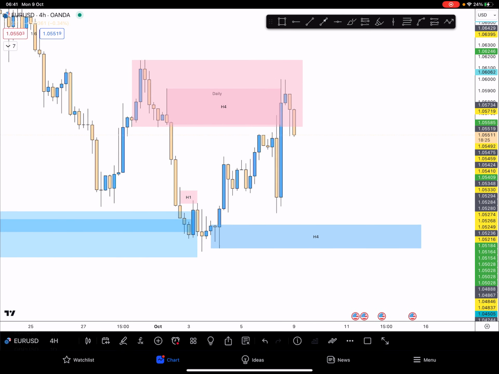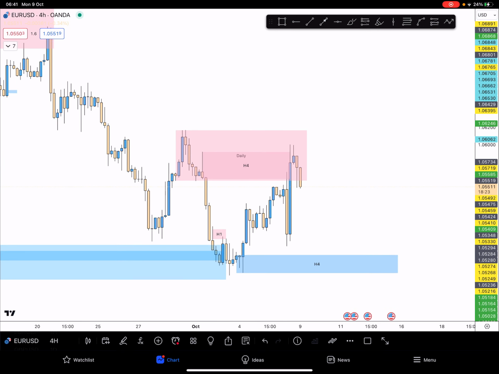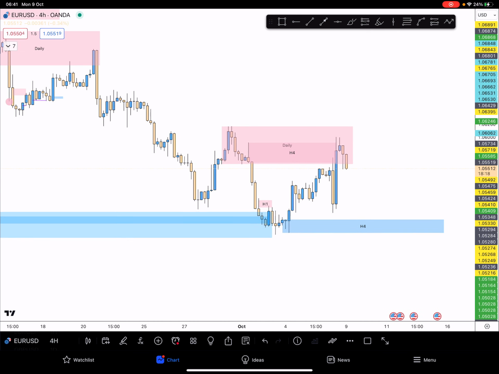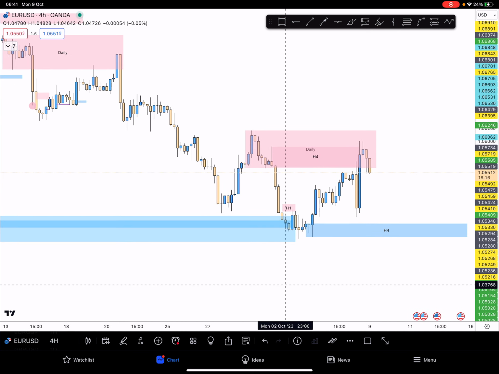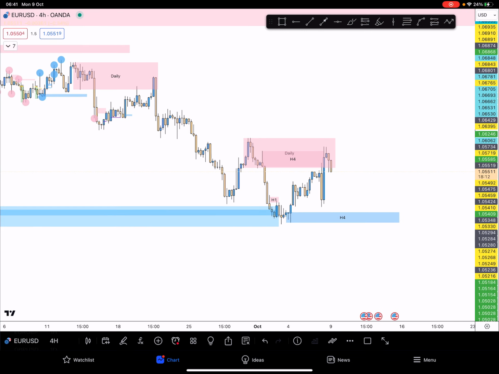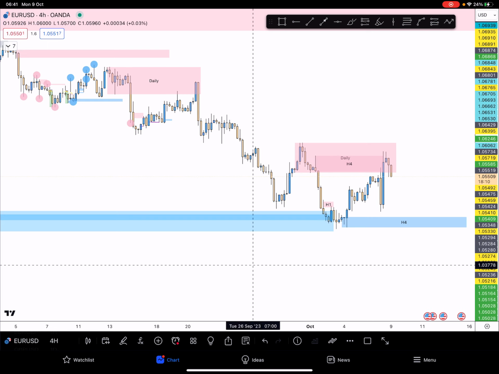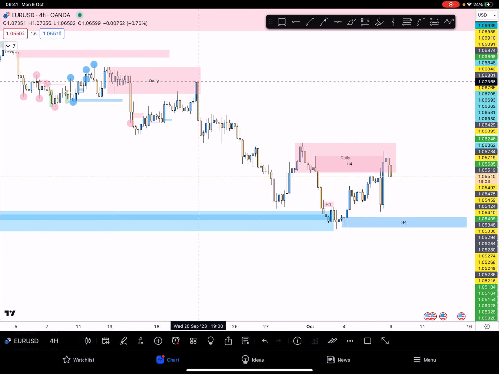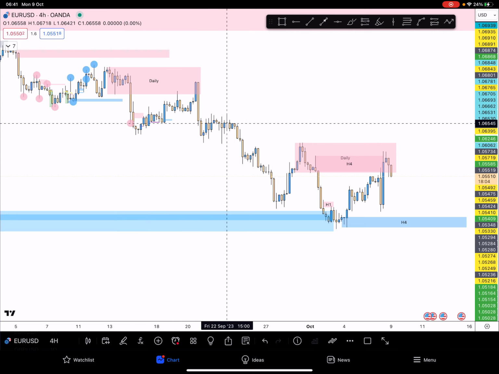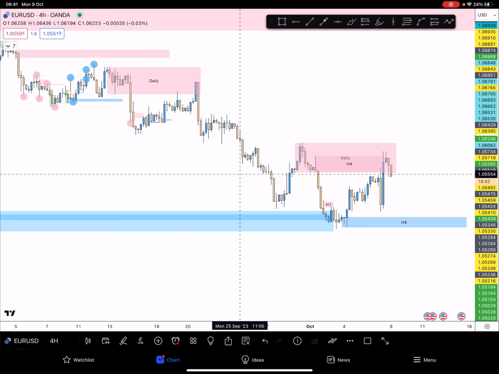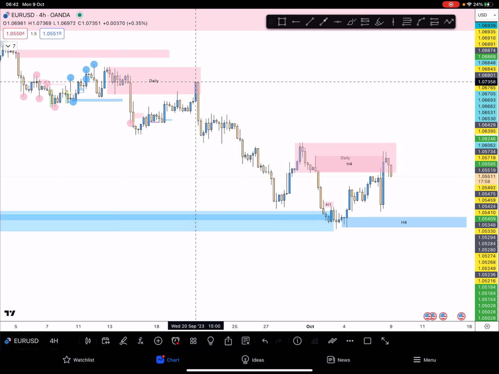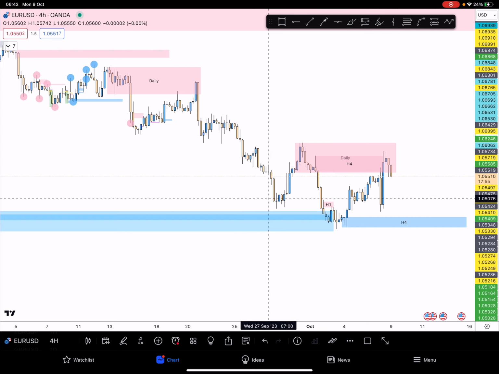Yes, this is what I'll be looking at when it comes to where price is going. Why? Because on H4, well, let me see. I was gonna say from here we have this with the push. You could say that this high got taken out, but technically speaking, this is the push.